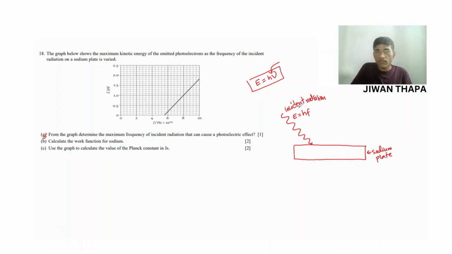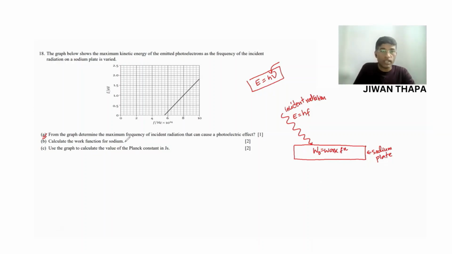Now some part of this energy of the incident radiation is utilized to eject an electron from the sodium plate, and that amount of energy is called work function. So let W naught be the work function of the sodium.